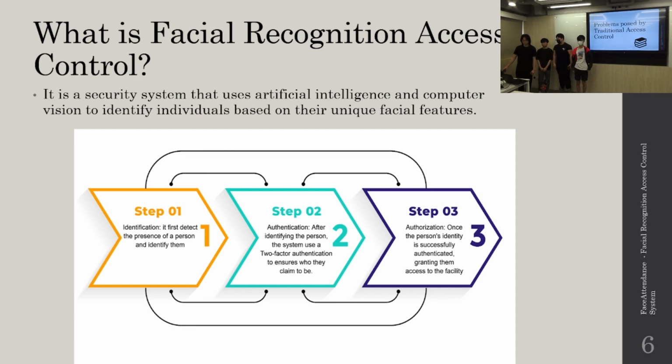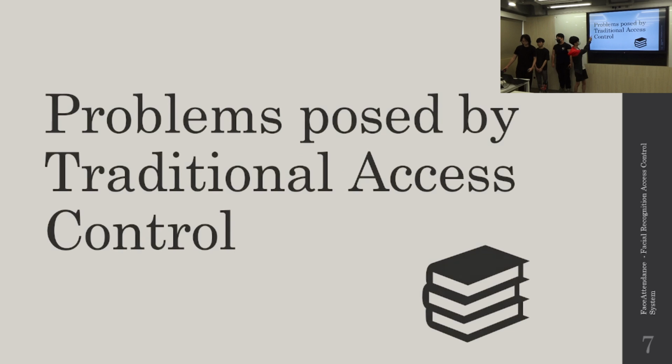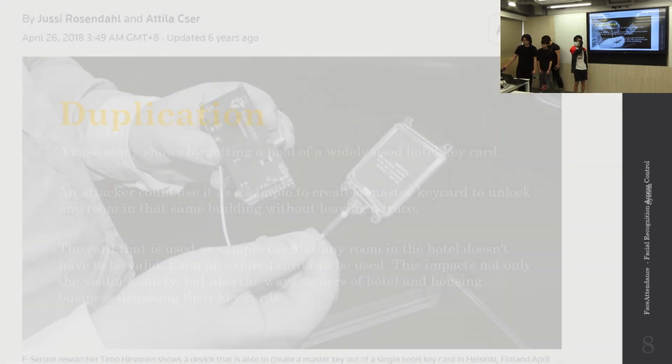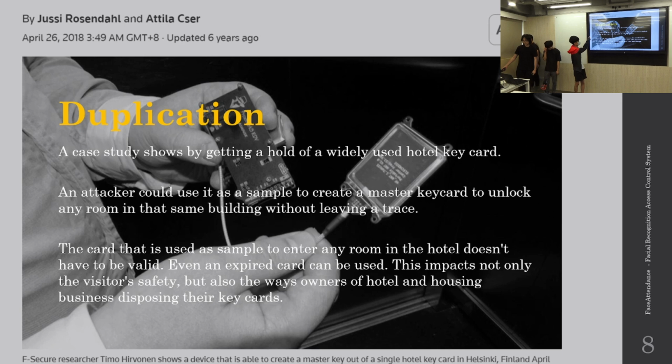Hello everyone, this is Georgia, and now I'll be talking about problems posed by traditional access control. Let's talk about the first problem. This is a case study showing that by getting hold of a hotel key card, any hacker could use it as a sample to create a master key card to unlock any room in the same building without leaving a trace.